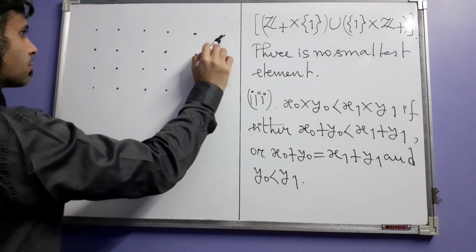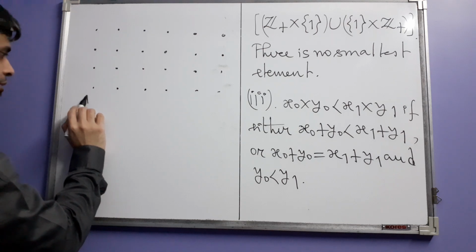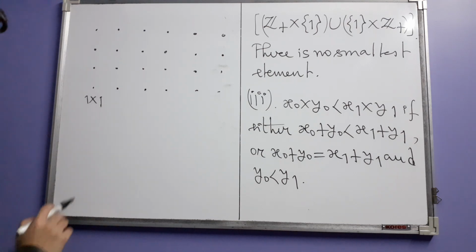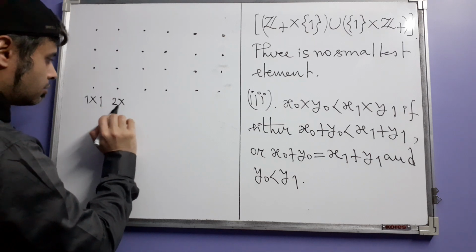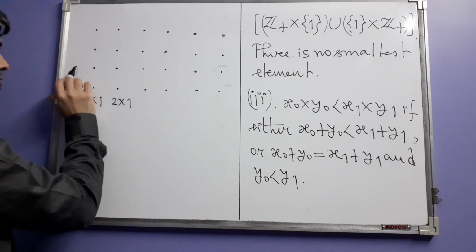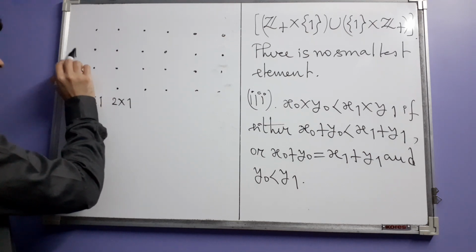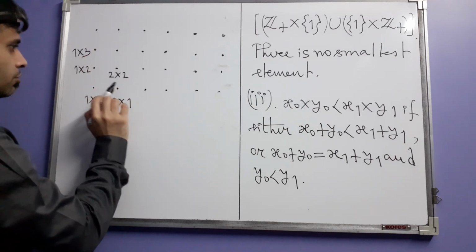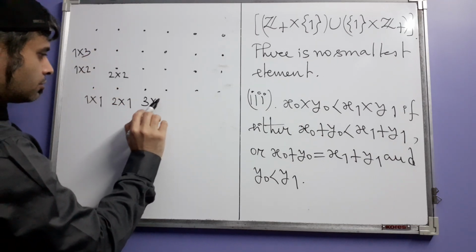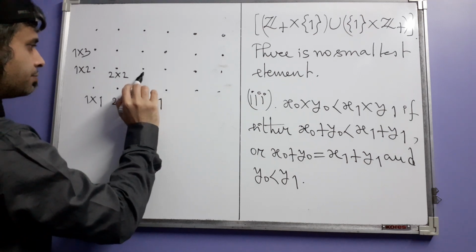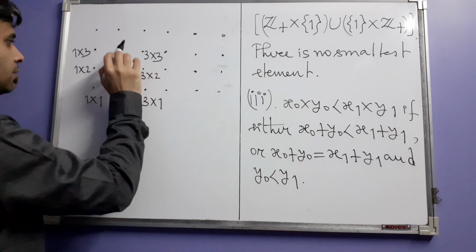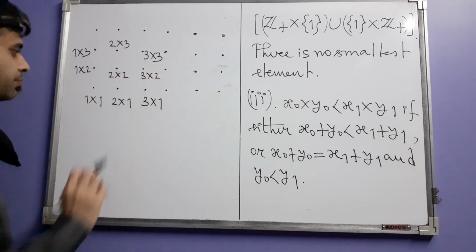Once we see 2 or 3 points, it will become clear. We first of all, of course, have (1, 1), then (2, 1), this is (1, 2), (1, 3), (2, 2), (3, 1), (3, 2), (3, 3), and this will be (2, 3).